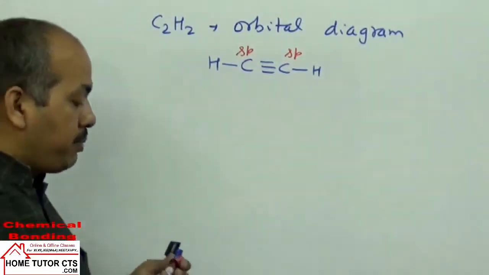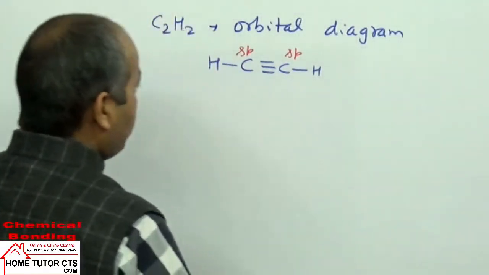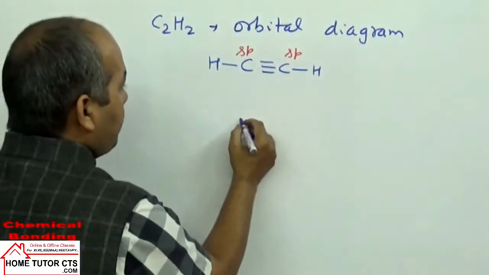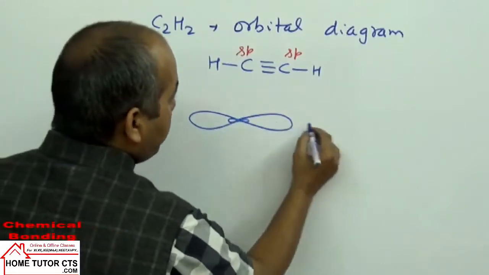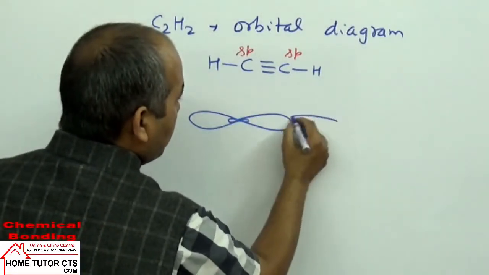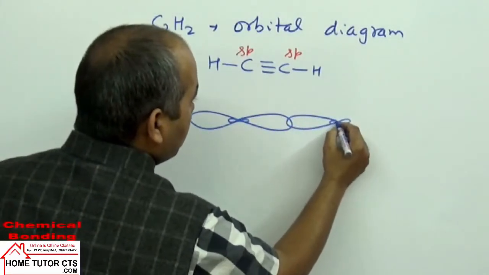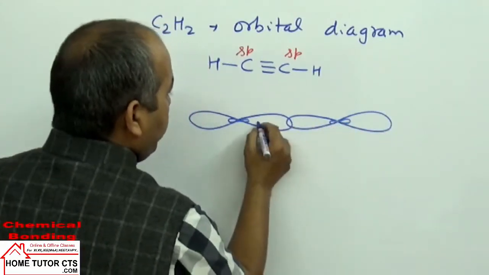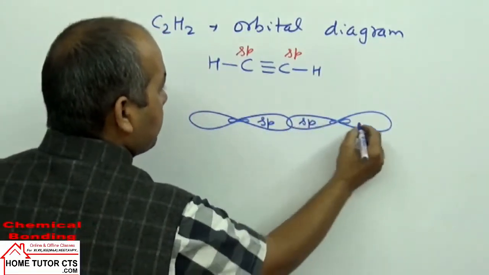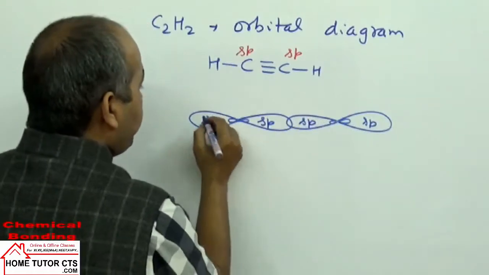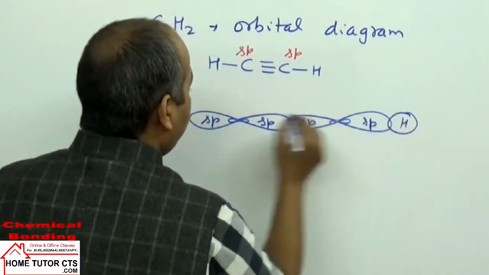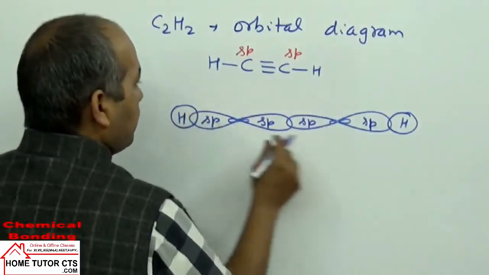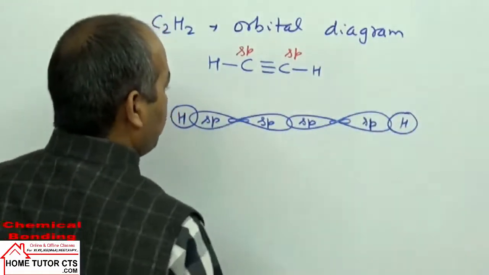And now that we have sp hybridized carbons, how do we draw the orbital diagram for this molecule? It is one carbon's sp orbital lobes, each carbon sp hybridized, and this is hydrogen atom 1 and hydrogen atom 2.